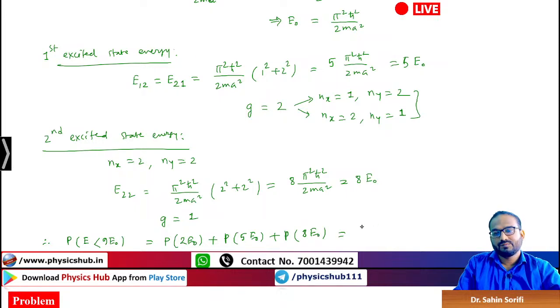For all of them we get gi e to the power minus beta ei by z. So 1 by z we take common, e to the power minus 2 beta E naught plus e to the power minus 5 beta E naught, and here gi is 2, plus here it is 1.